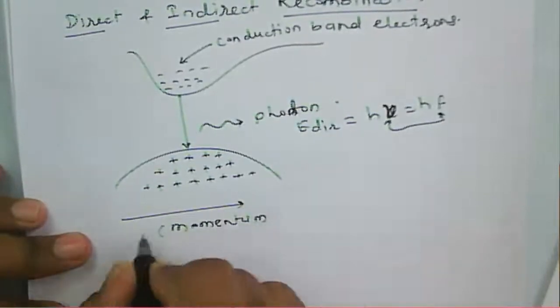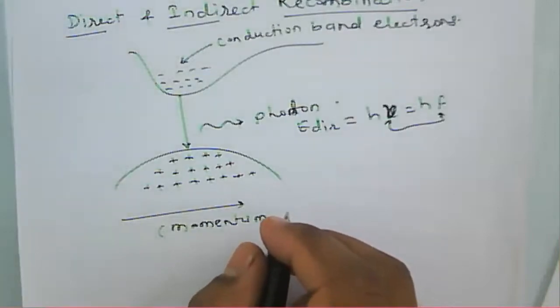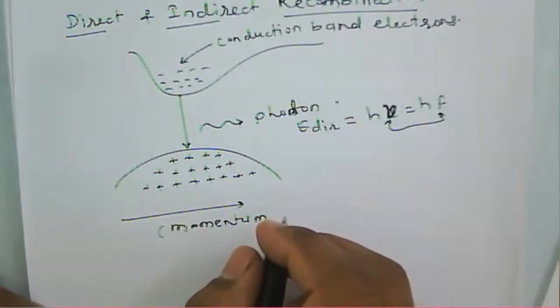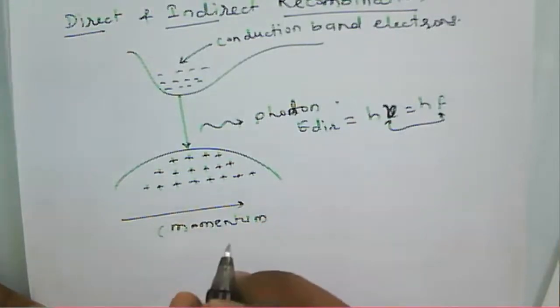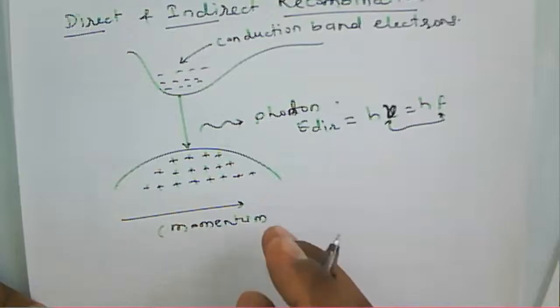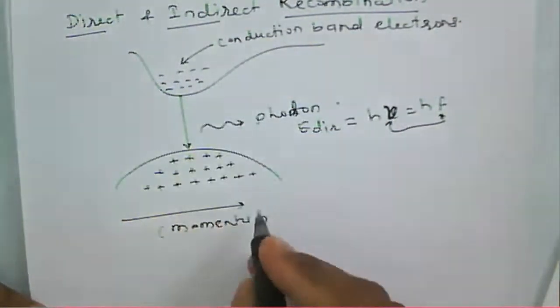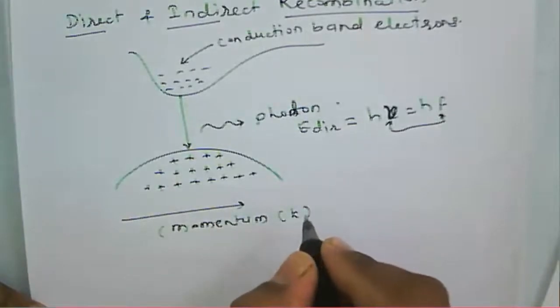We can say this is the momentum in the material for this direct band gap material. Means how the electrons and holes are recombined depends upon the momentum value, that will be k.